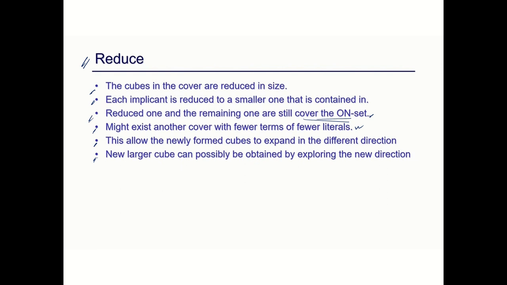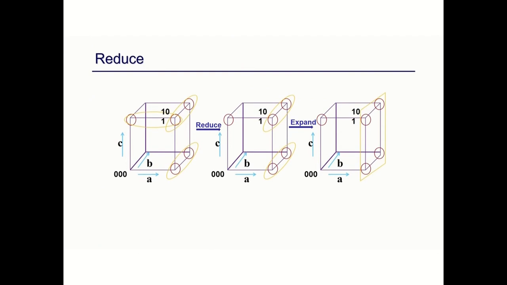So in this way, when we are trying to reduce, and again we try to make the cover with this one. So take one example in this direction. Again, we expand and make a cube with these two variable neighboring nodes. Then we try to reduce.